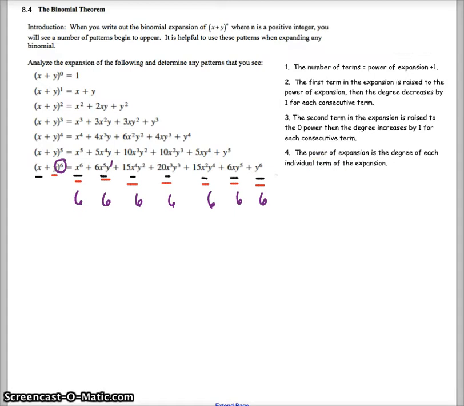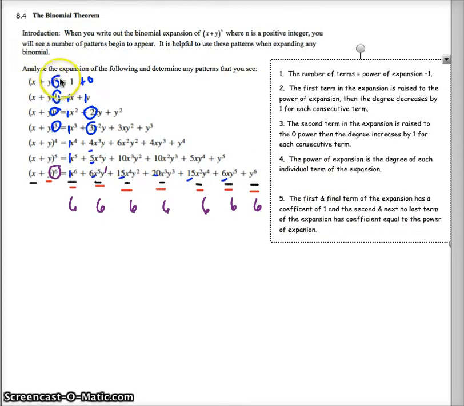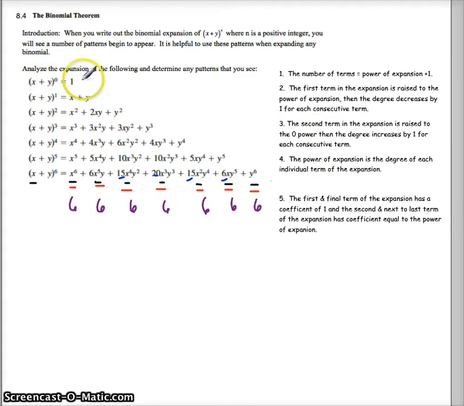I'd like to point out another observation that I hope you made. This observation has to do with the coefficients of each term in the expansion. If you notice, the first term in each expansion has a coefficient of 1, and that will always be true.